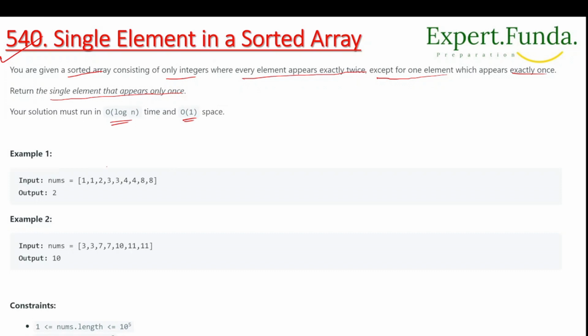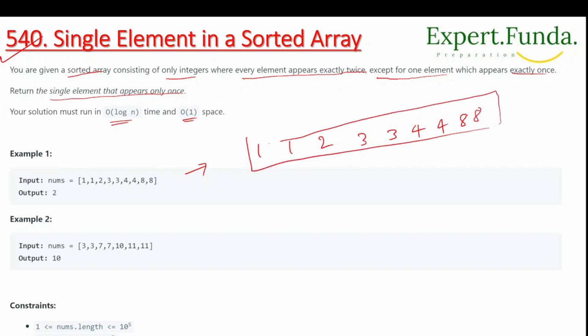So let's suppose this is given. If we represent this in an array, it will look like 1 1 2 3 3 4 4 8 8. Let me re-represent this as an array.